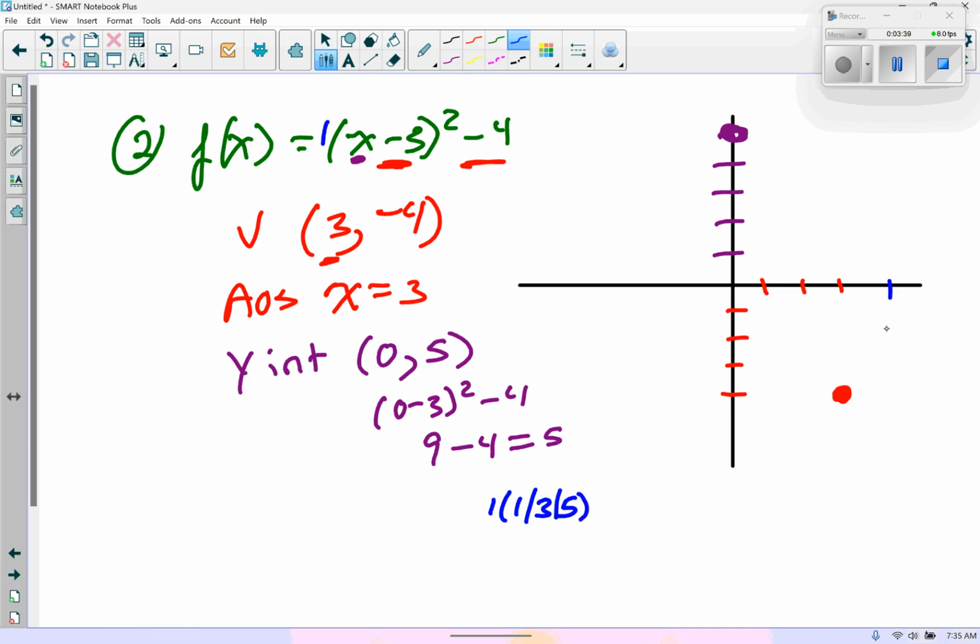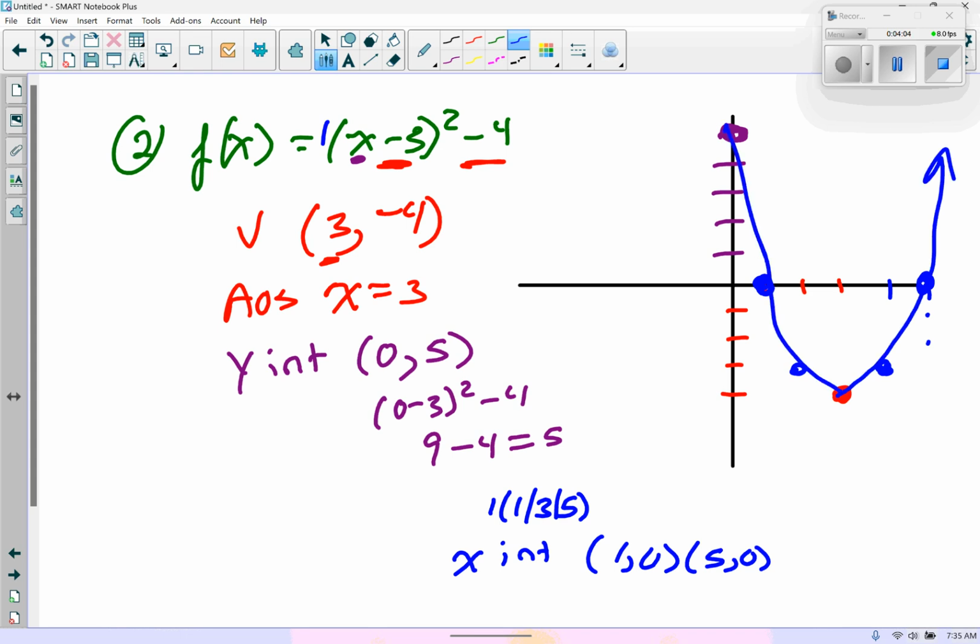So I'm going to go right 1, up 1, left 1, up 1, right 1, up 3, left 1, up 3. So now I know my x-intercepts because those dots were exactly on there. So I have 1 comma 0 and 5 comma 0. And so you draw your parabola, it looks just like that.